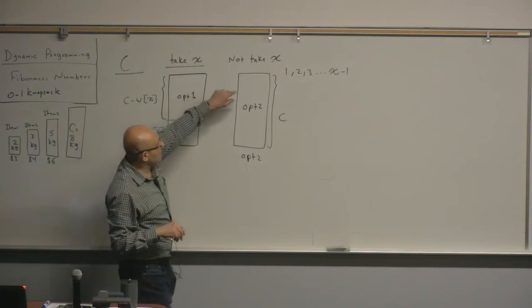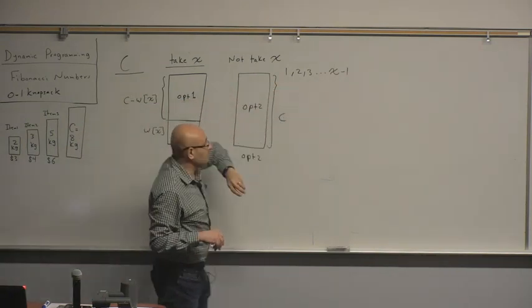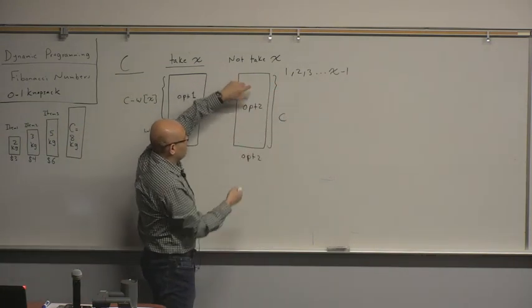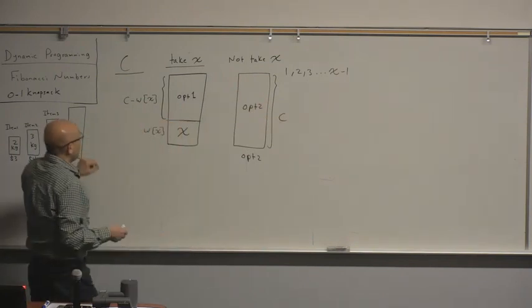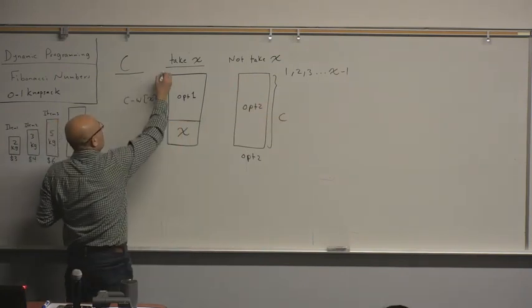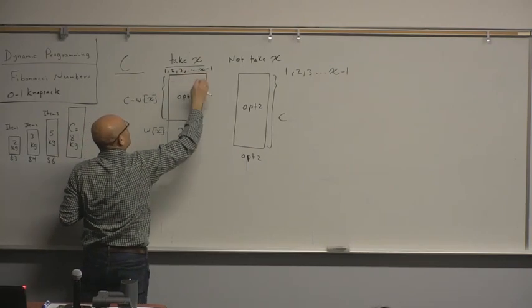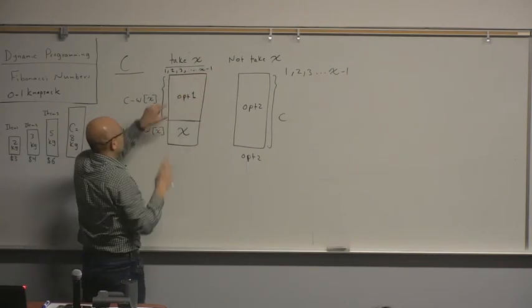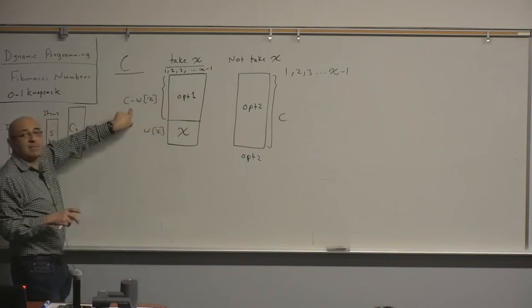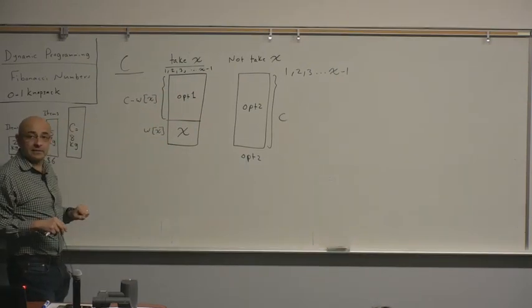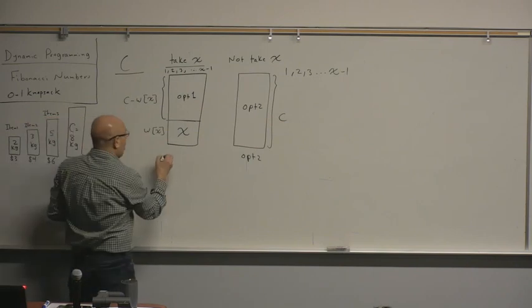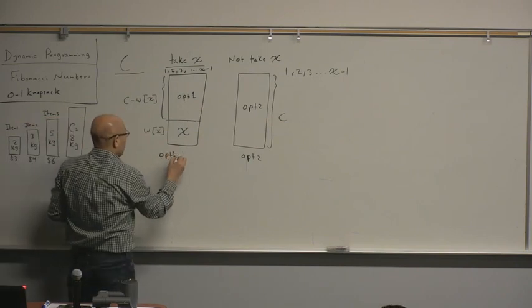Well, I compare the solution for using the whole capacity and items 1, 2, 3 through x minus 1. So considering items 1, 2, 3 through x minus 1, what's the optimal that I can fit in a capacity of C? And using the items 1, 2, 3 through x minus 1, what's the best that I can fit in a capacity of C minus W of x? So I take optimal 1 and add to it what?